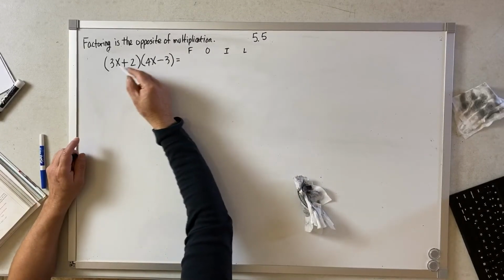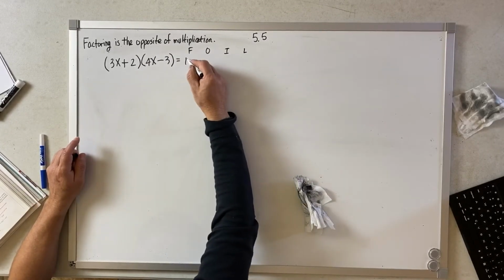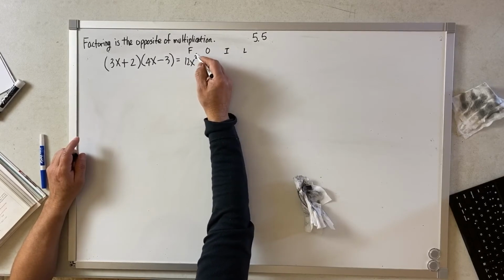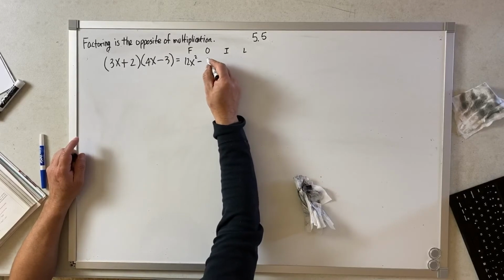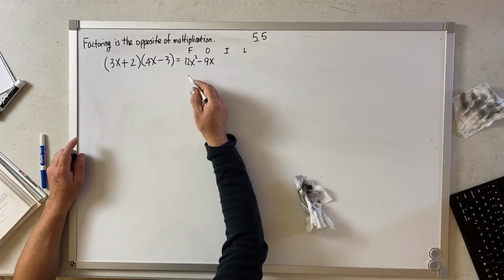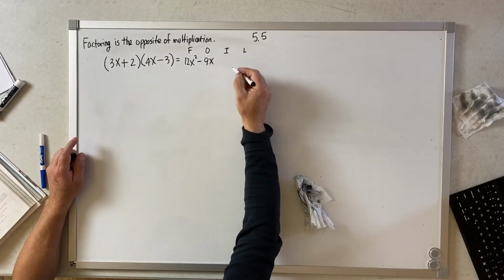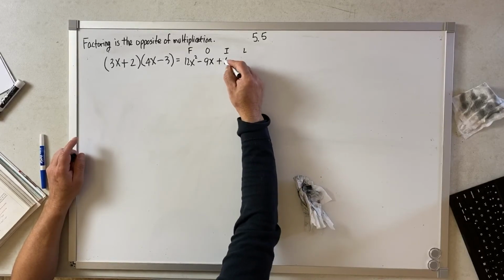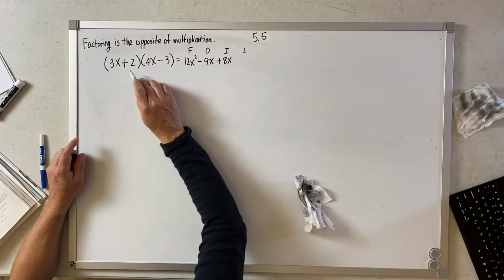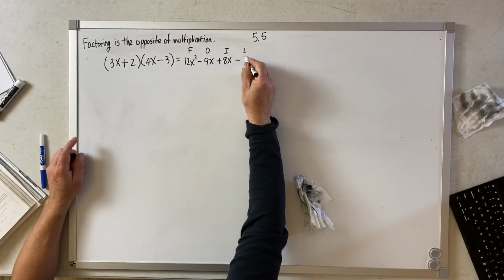First, 3x times 4x, 12x squared. Outer, 3x times negative 3, negative 9x. Inner, 2 times 4x, plus 8x. And last, 2 times negative 3, negative 6.